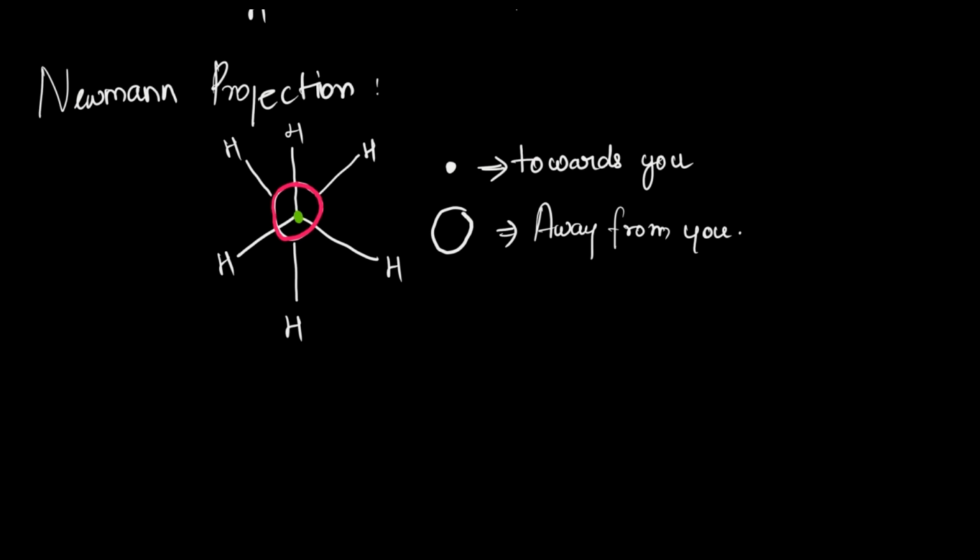How can we do the conversion of one projection formula to another? If you want, we'll do that in detail. Now I'm giving you just a simple example. For example, I'm taking 2,3-dimethyl butane.